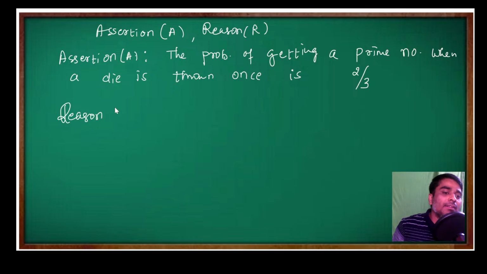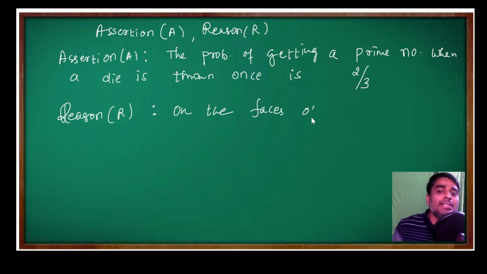Reason: on the faces of a die, prime numbers are 2, 3, 5.